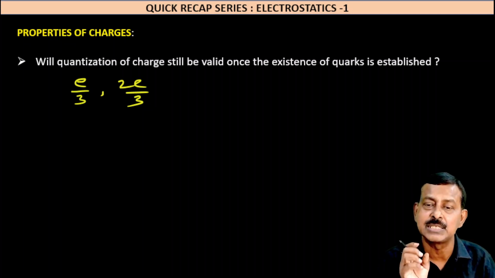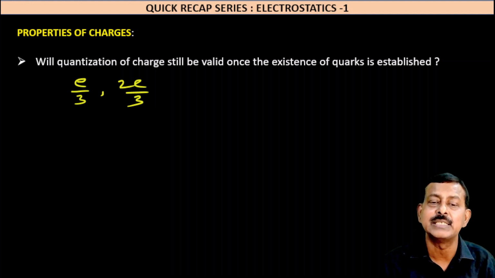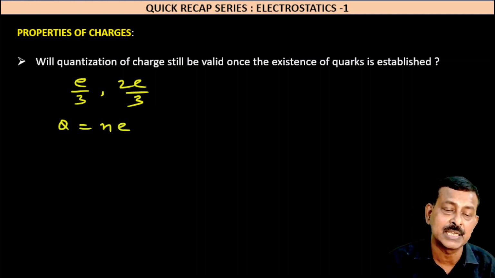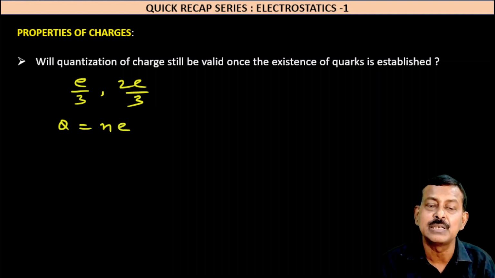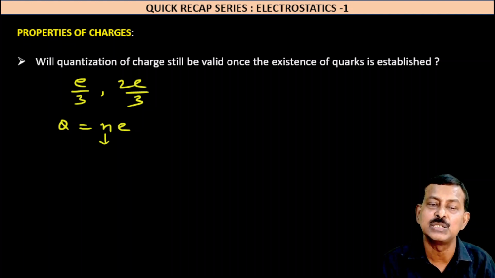Once the existence of the quarks is established, in that case, because if you say that the quantization law is Q equals NE or plus minus NE, at this moment this N cannot be fractional. But if you consider the quarks, in that case it will be 1/3.